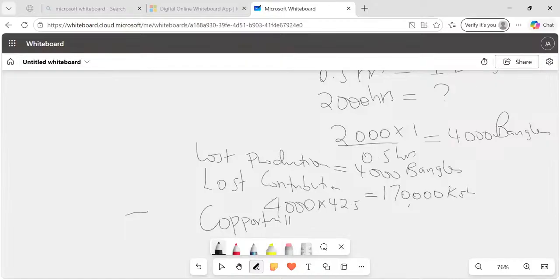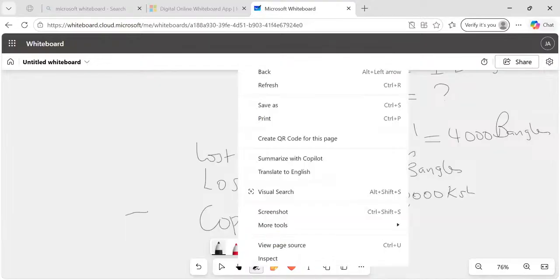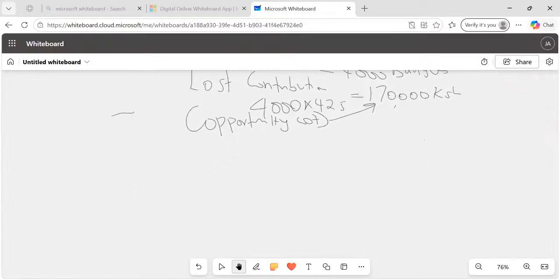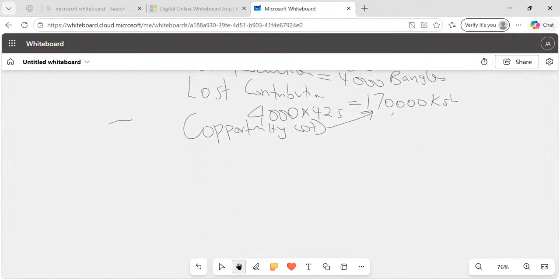So this is the opportunity cost of producing the special order. We must be able to recover this from the special order. So the last thing you need to do, come here and give us the profit statement of the special order.